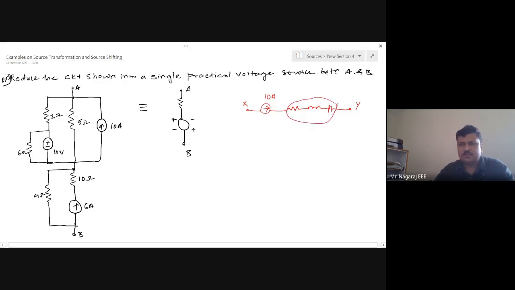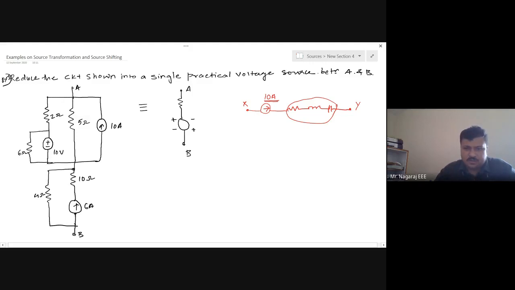They will not affect the source value of this current source, which will remain 10 amperes always, because this is an ideal current source and it is expected to have 10 amperes of current as its value for infinite time.